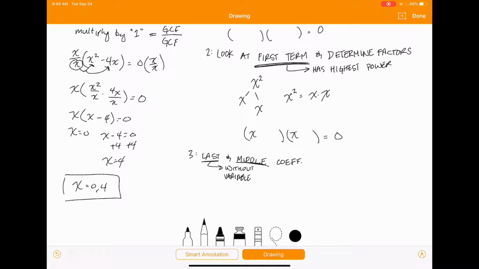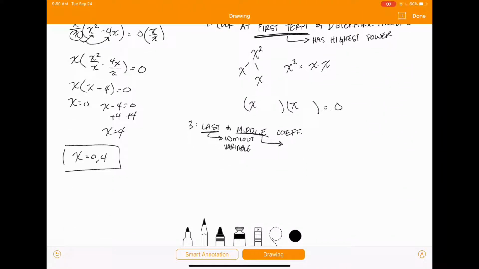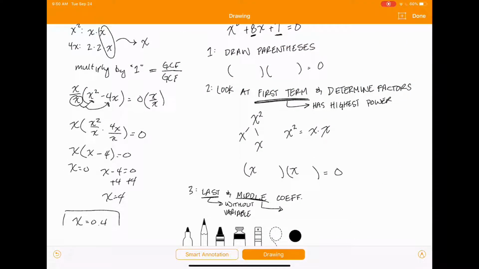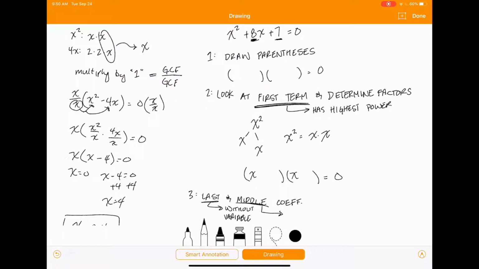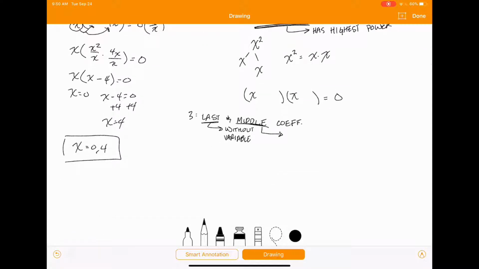And your middle term is going to be your leftover one, the one that doesn't have the highest power and doesn't have any variables. So again, we're looking at this 8 and this 7. Let's rewrite that whole thing: x squared plus 8x plus 7 equals 0.